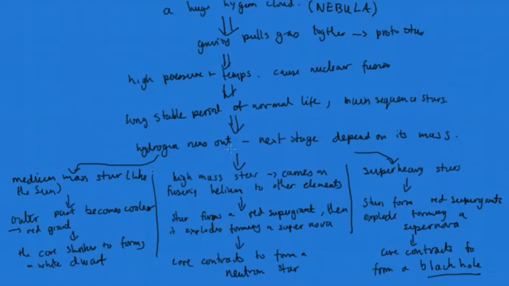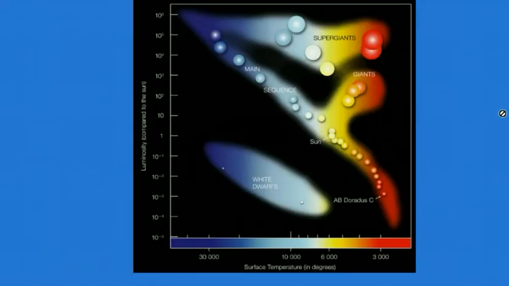Now these stars, we can actually classify them and put them into what's called a Hertzsprung-Russell, HR for short, diagram. And now it's important to note here that what would be the x-axis is actually in the opposite direction.